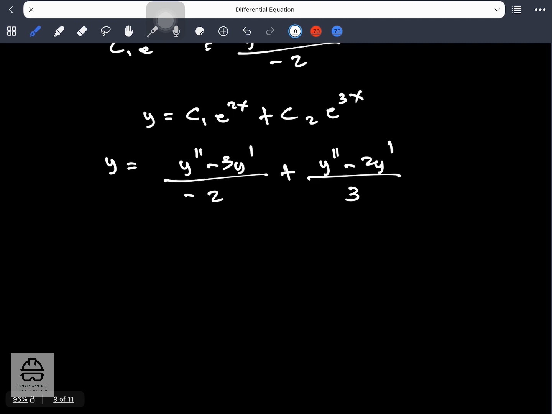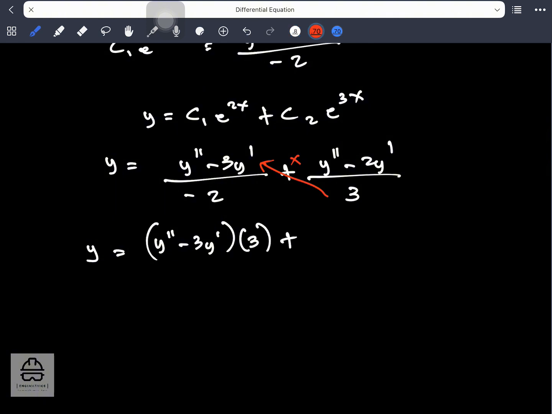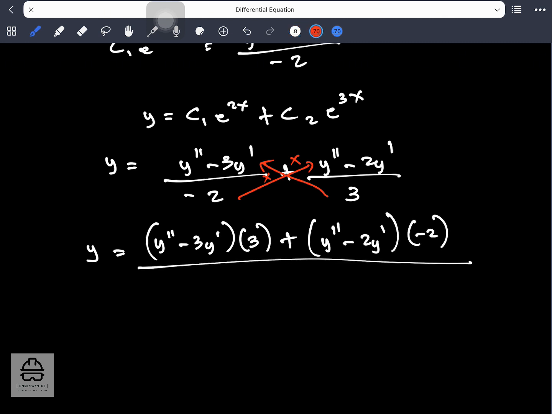Okay? Let's use the butterfly method or the cross multiplication. That would be y is equal to, okay, multiply, that will be y double prime minus 3y prime times 3 plus y double prime minus 2y prime times negative 2, divided by, okay, multiply the denominators, that's negative 6.